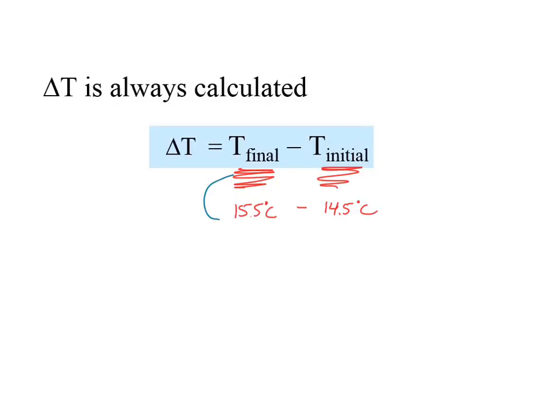Our final temperature was 15.5, our initial temperature was 14.5, and these do carry a sign. So when we do that, we get 1.0 degrees Celsius. That's our delta T.